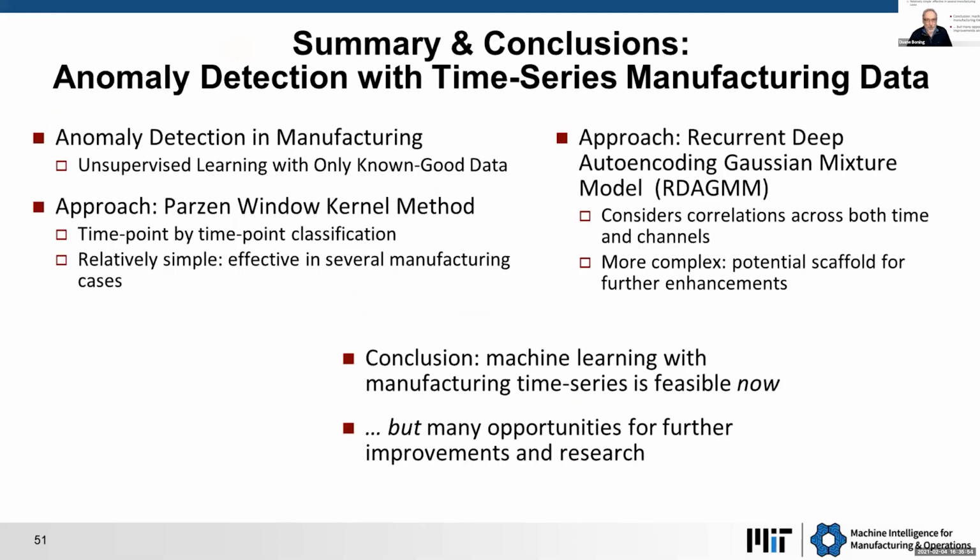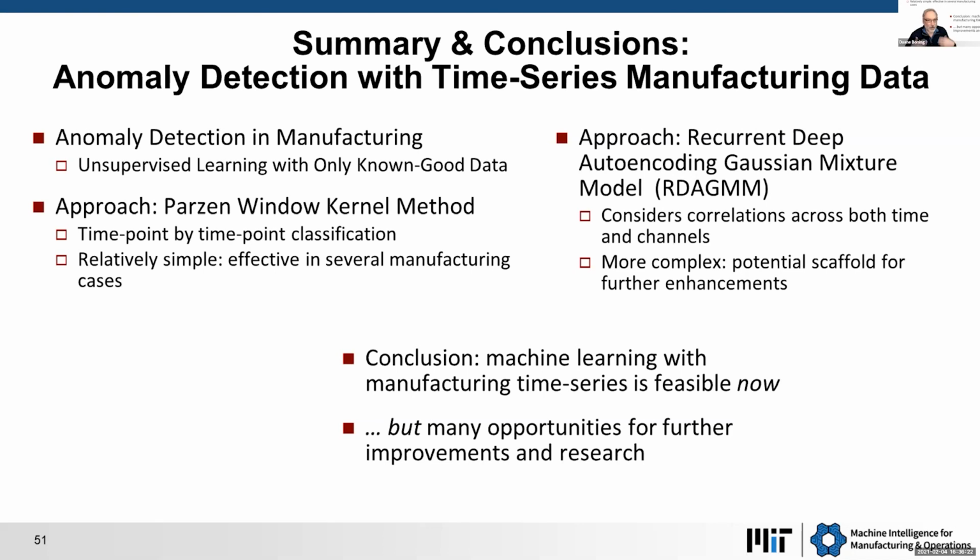So just to wrap up and summarize, I tried to give you a little deeper dive on a couple of anomaly detection approaches with manufacturing time series, starting with a simpler approach with the Parzen window density estimation, and then moving towards the deep learning approach that you've gotten exposure to over the last couple of days.